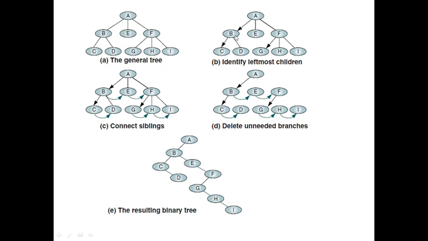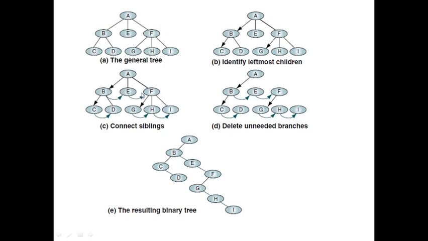Step 1, identify the leftmost children at every level. So here we have B, and here we have F, G and C. Step 2, connect the siblings together, like this.